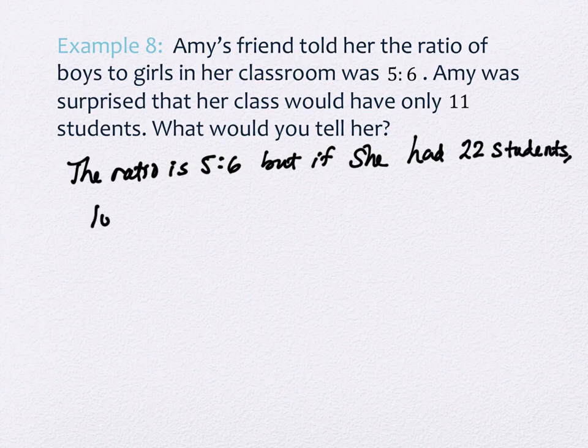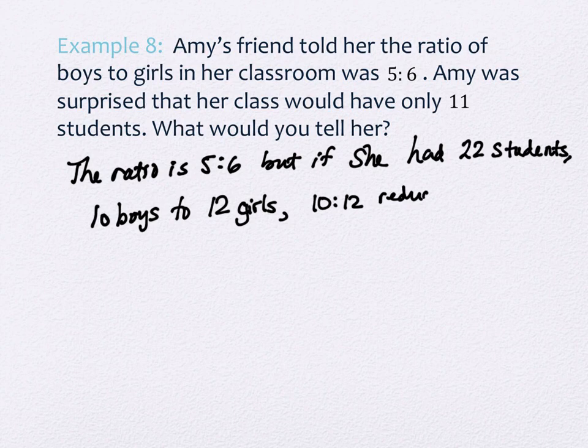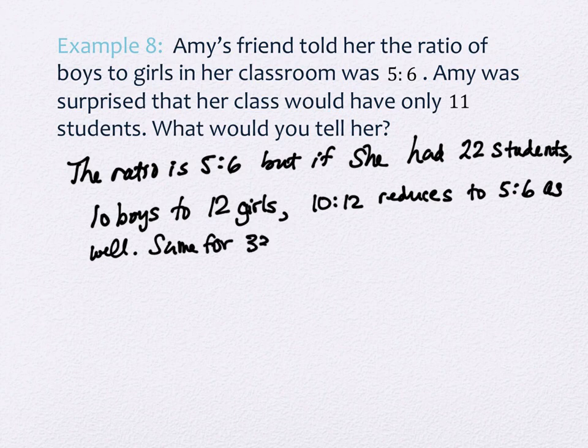where it was 10 boys to 12 girls, 10 to 12 reduces, simplifies, whatever word you want, reduces to 5 to 6 as well. Same for 33 students.